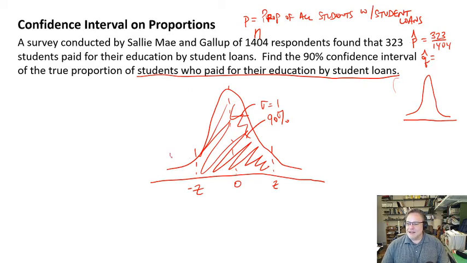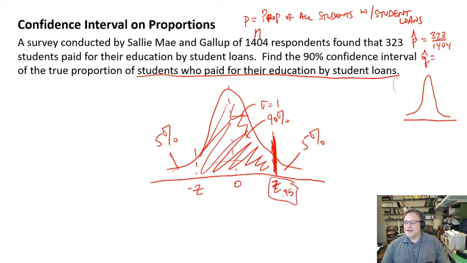Well, that can only mean that 5% is here and 5% is here. So we want to find a value of z for which 90 plus 5, or 95% of all of the data is to its left. So we want to find z 0.95 from the normal distribution table. So we're going to be using z 0.95 in this process here.